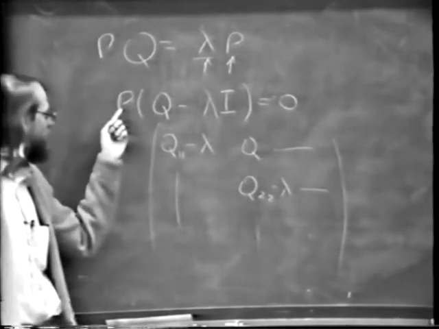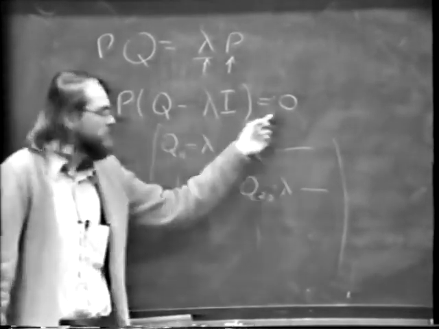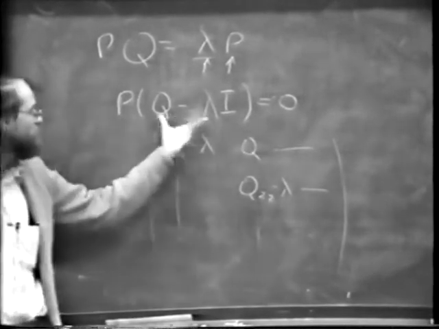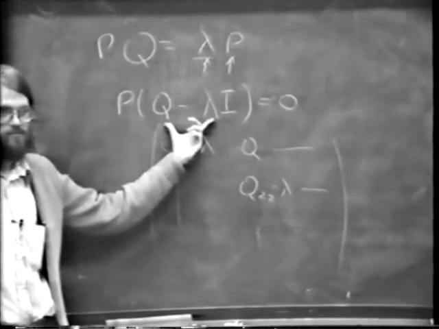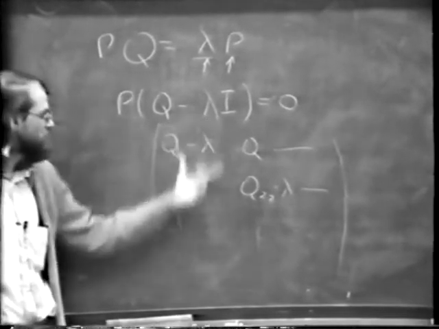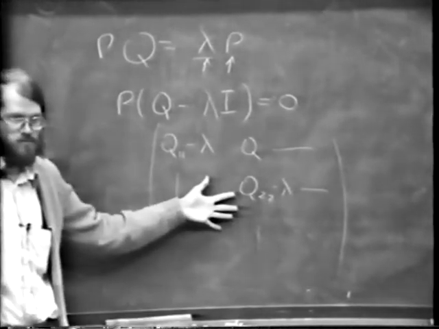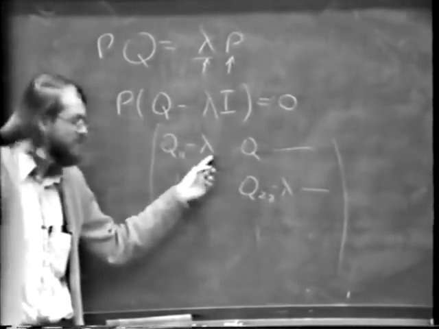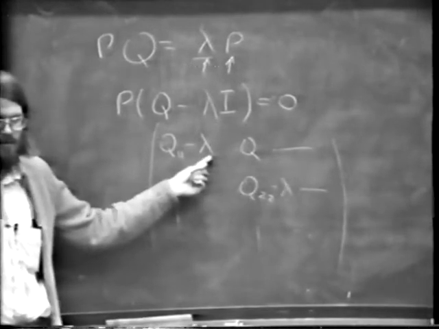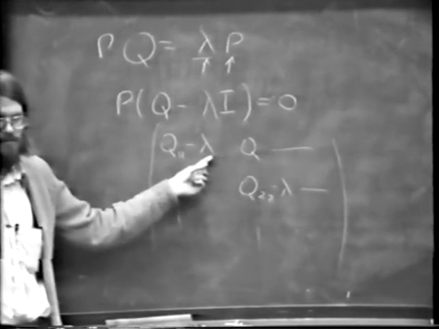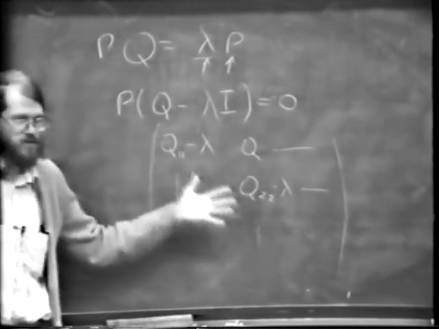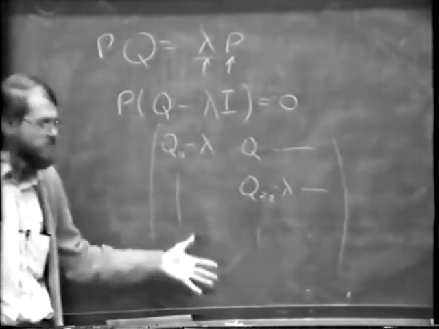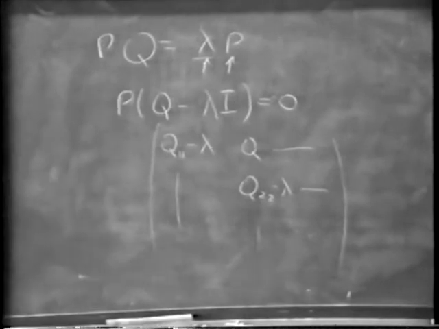Now, the only way that you can make this matrix times this vector equal to 0 for an interesting vector is if this net matrix here is singular. That means the determinant of this thing is 0. You can symbolically take the determinant of this mess, which will give you a polynomial in lambda, and solve the polynomial. For a 3 by 3 matrix, you're going to get a cubic polynomial, so you'll have 3 solutions. For a 4 by 4 matrix, you're going to get a 4th order polynomial, and we have 4 solutions.